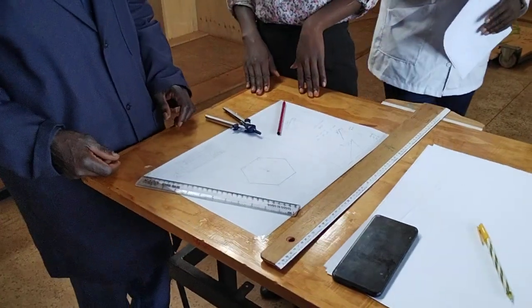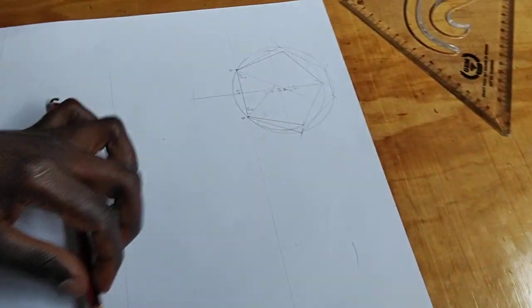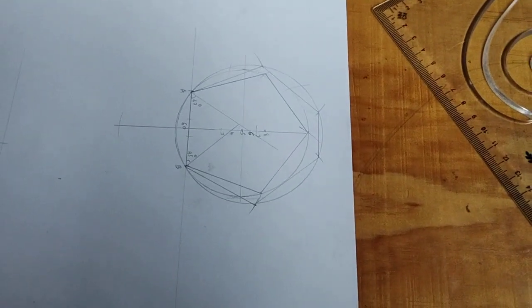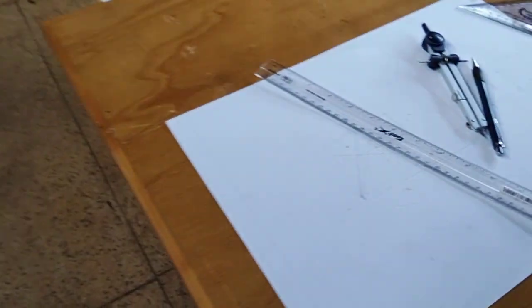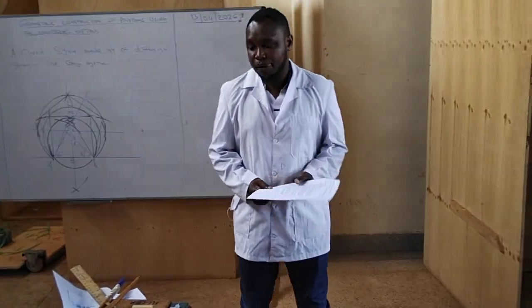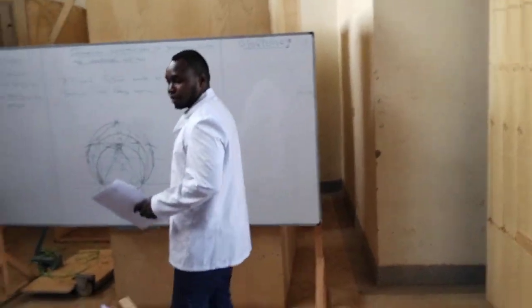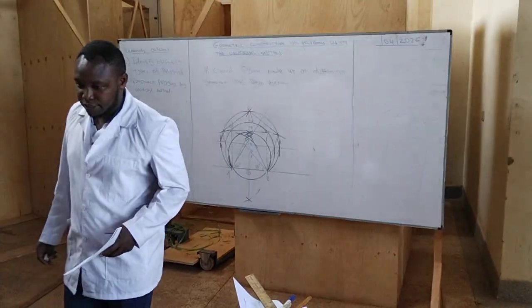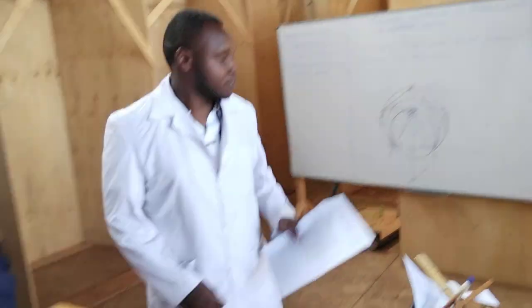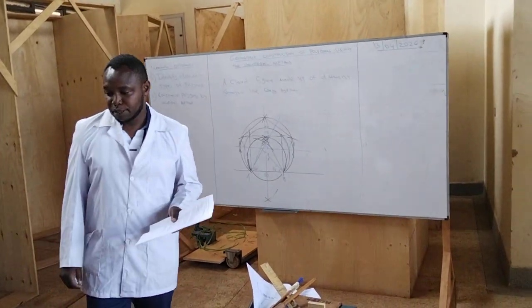So that is a method. Okay? That is a hexagon. I can see pentagon and hexagon. That is very good. So I can see we are okay. Unless you have a question concerning the construction of polygons by universal method. Anybody with a question?